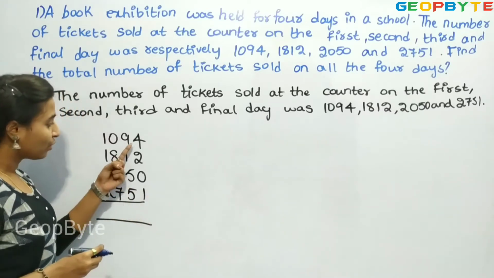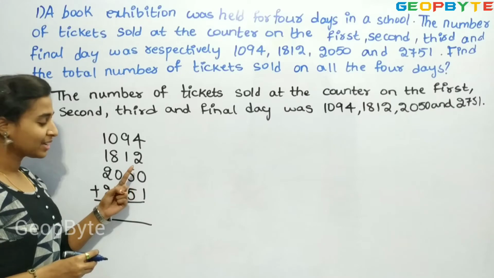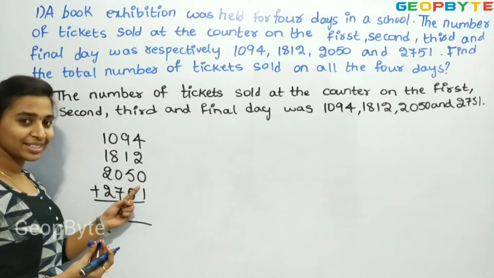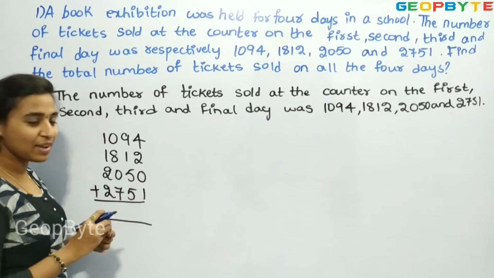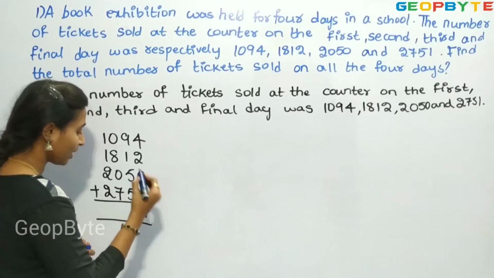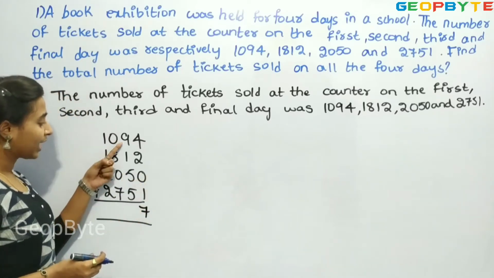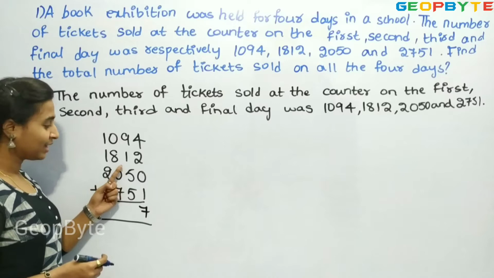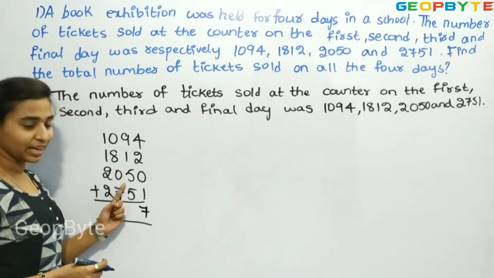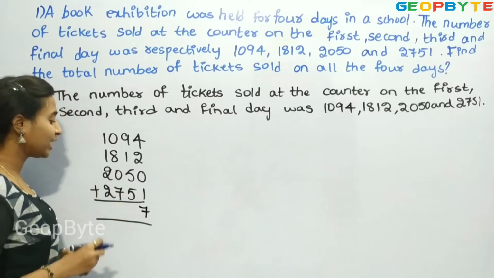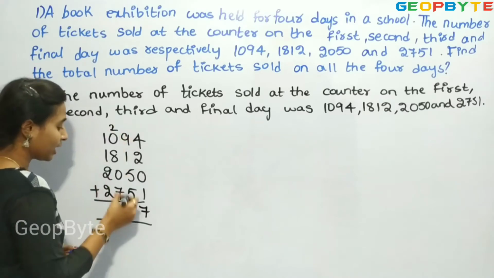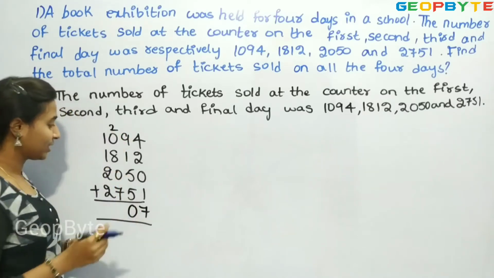Now see, 4 plus 2, 6. 6 plus 0, 6. 6 plus 1, 7. Right? Now 9 plus 1, 10. 10 plus 5, 15. 15 plus 5, 20. So carry the 2 here and write 0 here.